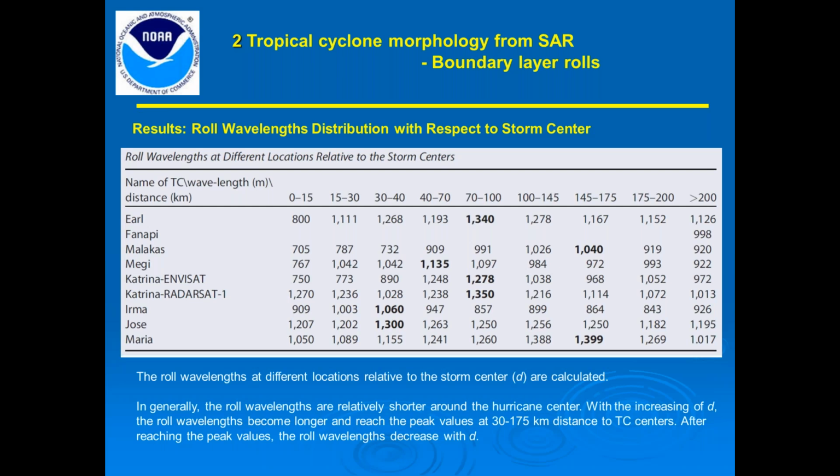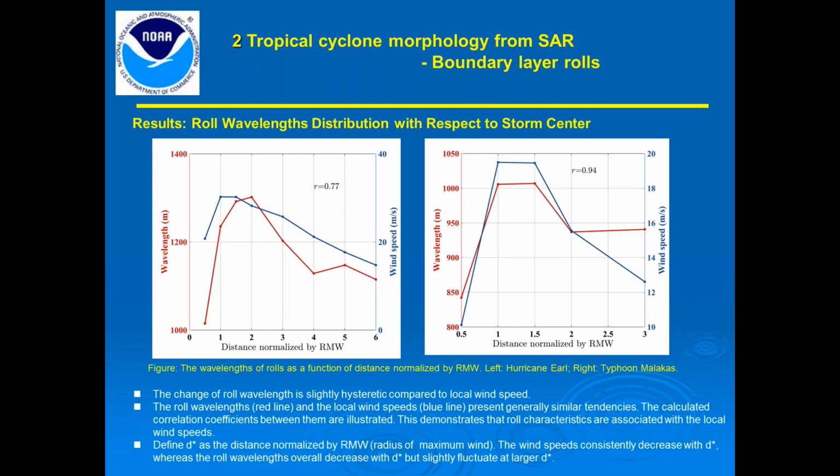Then you look at the wavelengths with respect to the location of the storm center. This is the diagram: the red line is the wavelengths, and the x-axis is the distance with respect to the storm center, normalized by the radius of maximum wind. And in the background, the blue line is the wind.